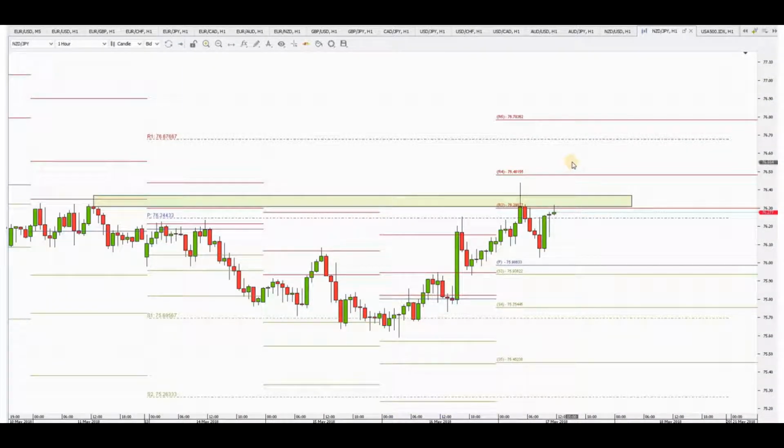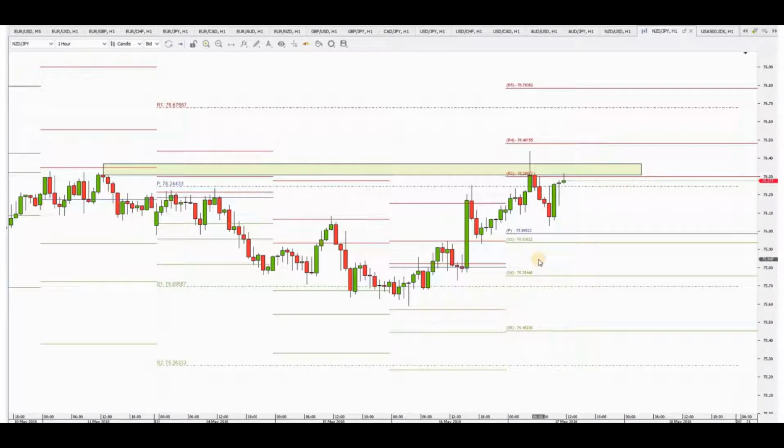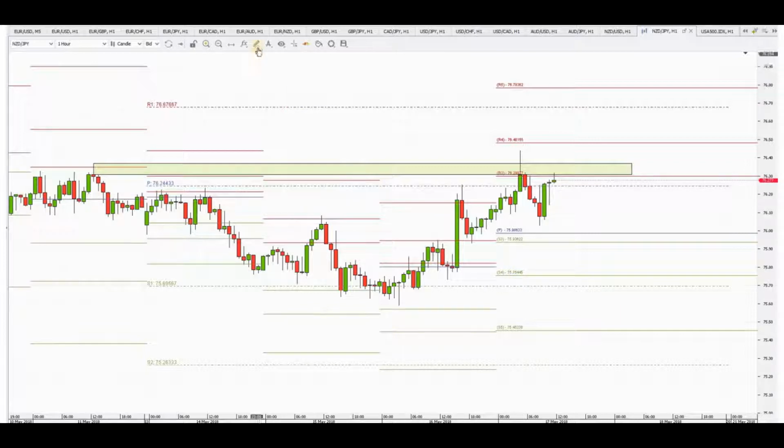Another kind of trade would be if the market opened, let's say for instance, below S4. That would mean that, let's say, the market opens in the morning right here.